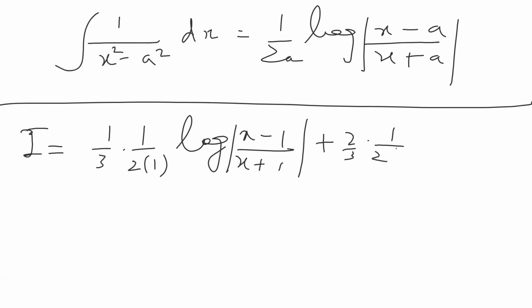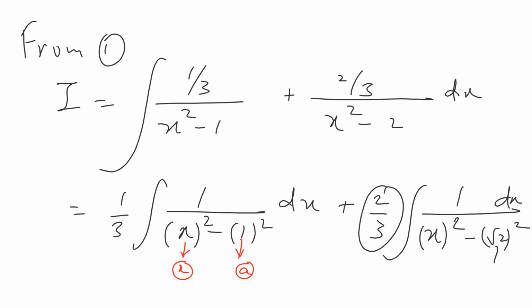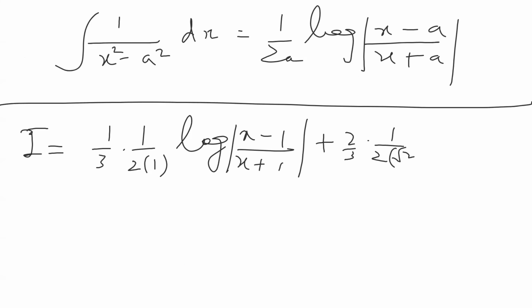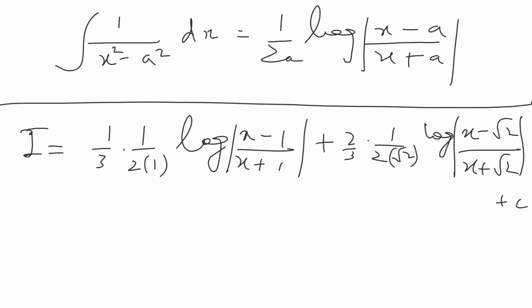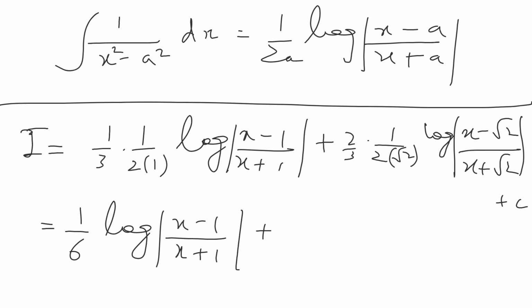In the second case, a is root 2, so 1 upon 2a log mod x minus root 2 upon x plus root 2. Now moreover, you can just simplify this. 2 will get cancelled.